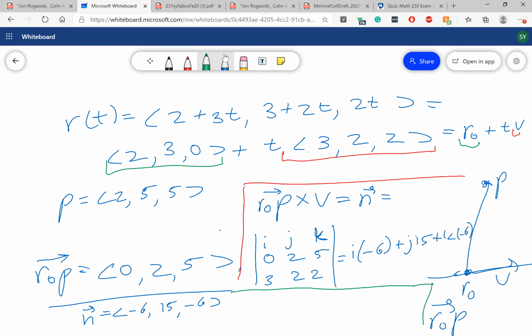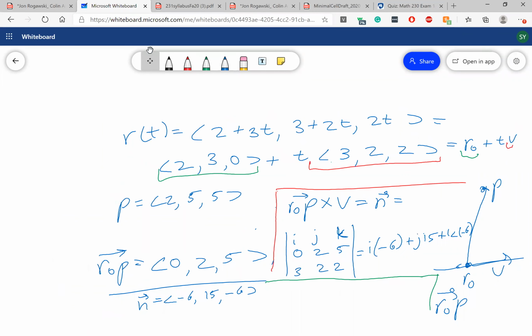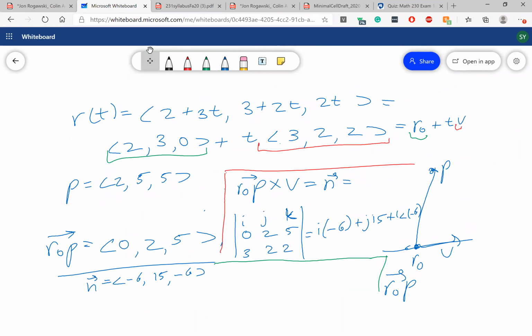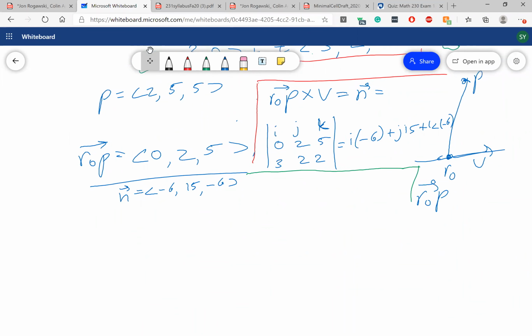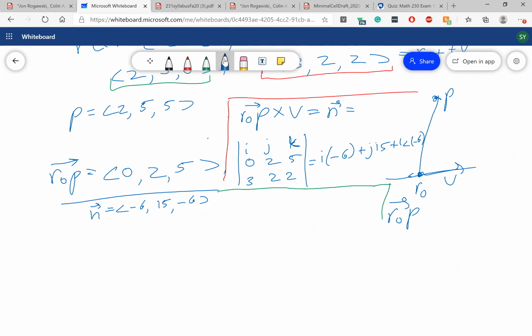Okay, so. Can you scroll down a little bit? Yep. That's good, thank you. Okay, so now we're going to have negative 6x plus 15y minus 6z is equal to d.